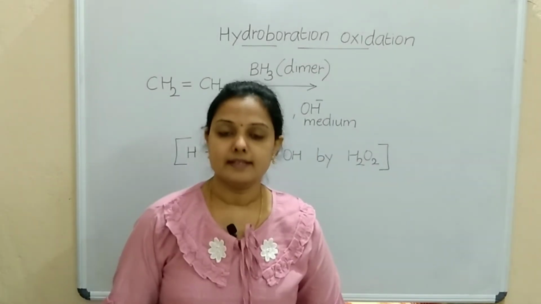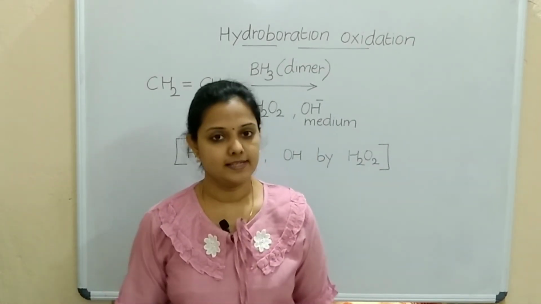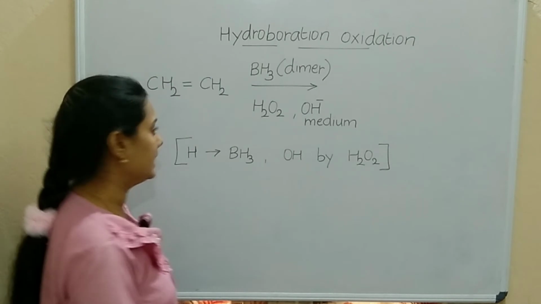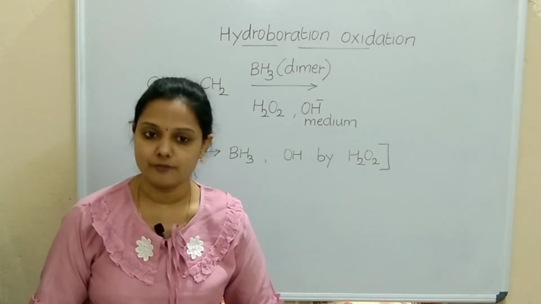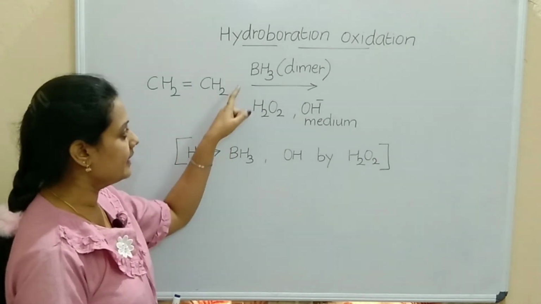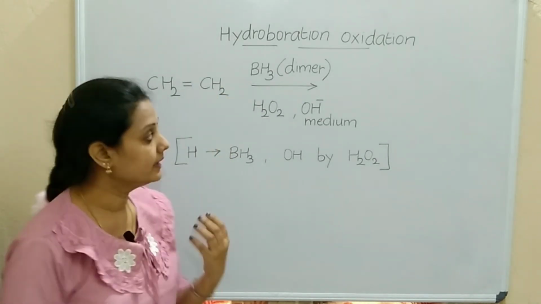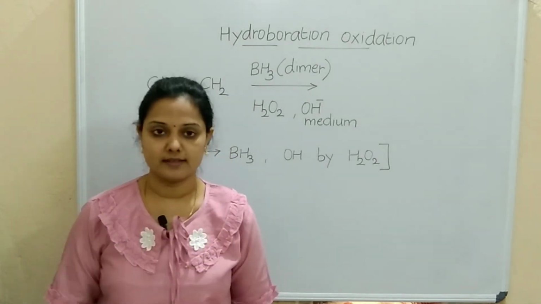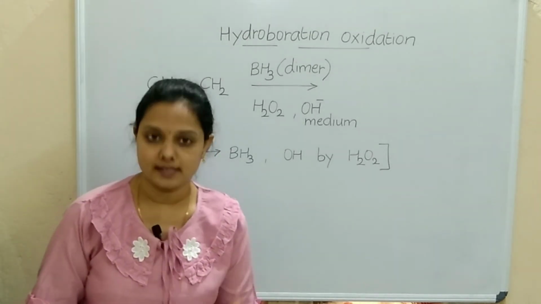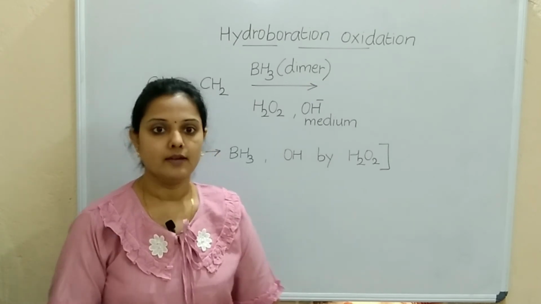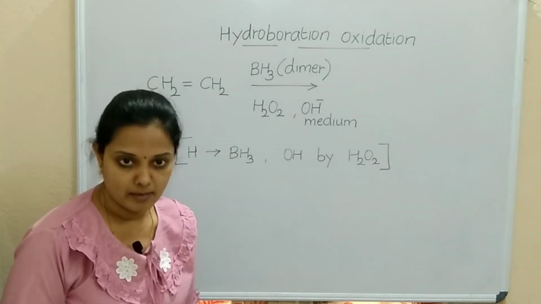The second method is hydroboration oxidation of alkene compounds, that is the indirect way of adding water. So here we are taking BH3, it is a dimer, meaning 2 units. It exists as a dimer, that is B2H6, which is the diborane compound.